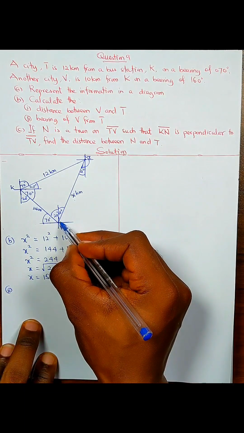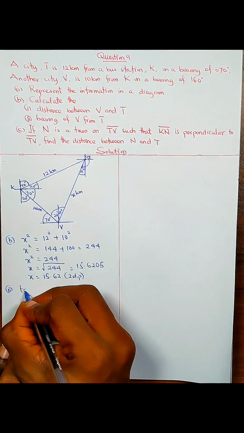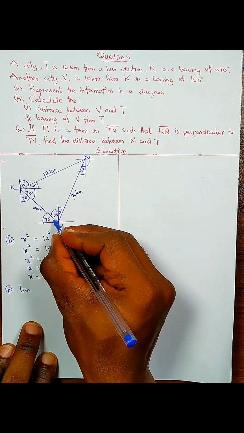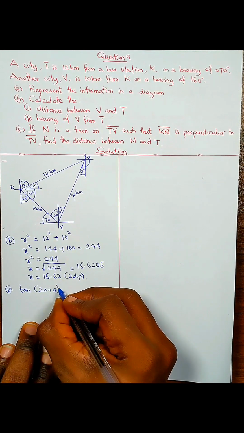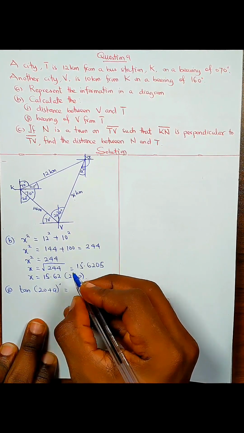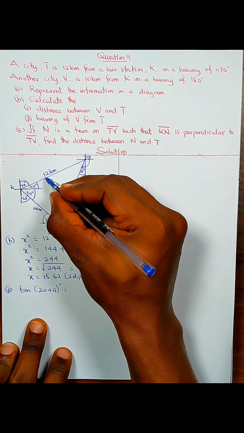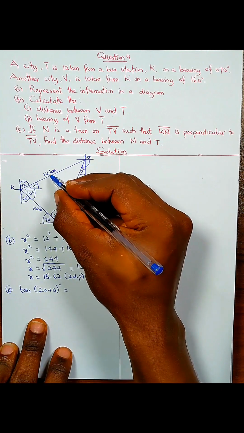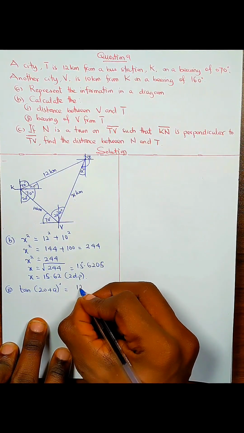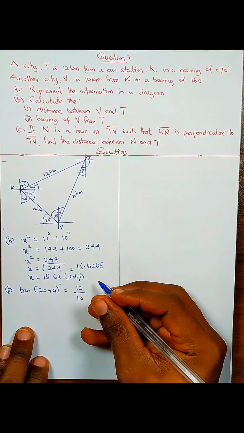Since we already know this to be the hypotenuse, you say tan of this angle, which is 20 plus A degrees, is equal to opposite over adjacent, because of TOA. So you're having opposite, which is 12, over adjacent, which is 10.